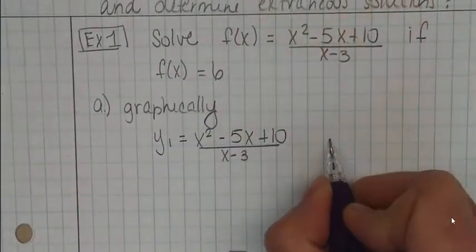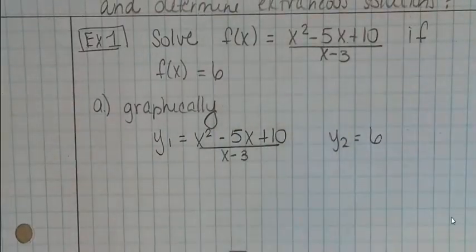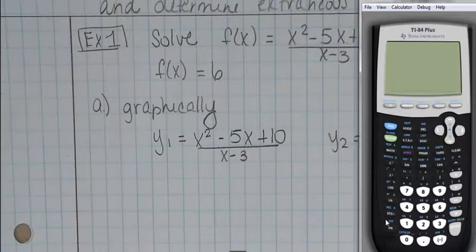And my second equation, my y2, I'll put in the value of 6. And I'm just looking to figure out where they intersect. So in order to save us a little bit of time, I already put it into my calculator. That is the equation, f of x equals x squared minus 5x plus 10 divided by x minus 3.